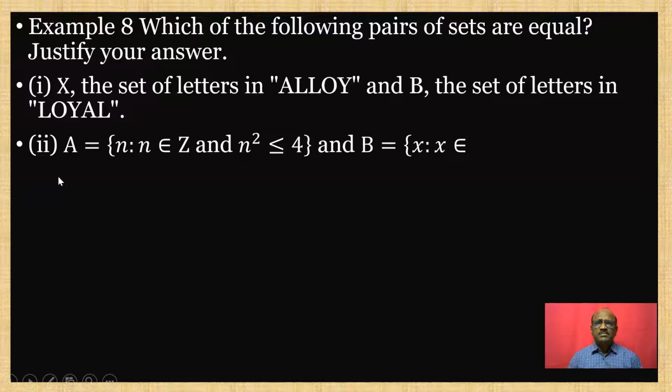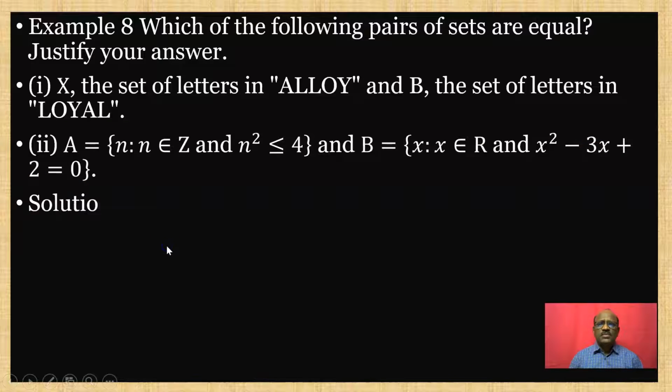Next example. A is equal to {n such that n belongs to set of integers and n square is less than or equal to 4}, and B is equal to {x such that x belongs to the set of real numbers and x square minus 3x plus 2 is equal to 0}. Now the solution.